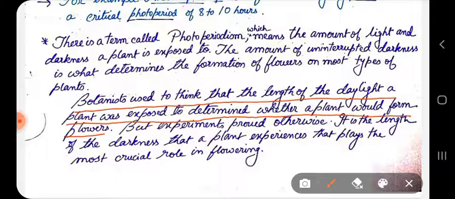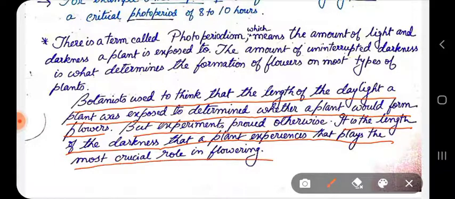But experiments proved otherwise. It is the length of the darkness that a plant experiences that plays the most crucial role in flowering. So that's the surprising, the awesome thing that you have studied now. The length of the darkness will determine the flowering of most plants.